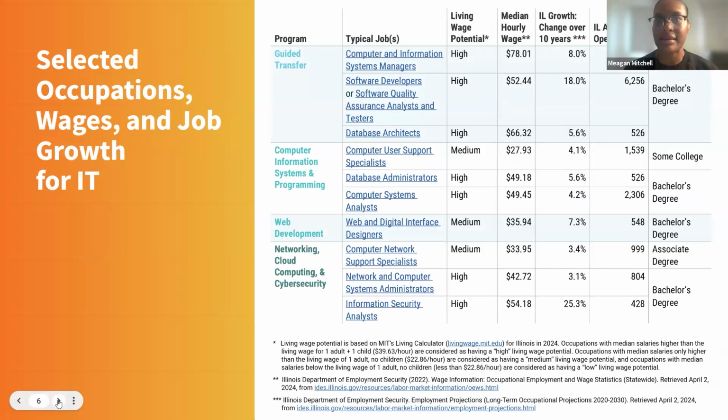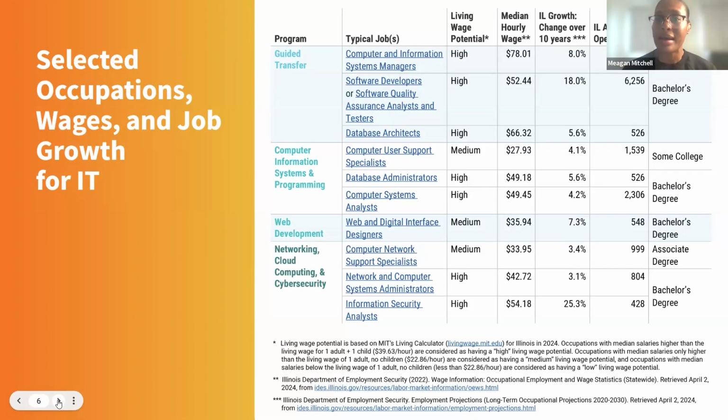In this table, you'll see that we've uplifted typical jobs. We're looking at living wage potential, the hourly wage there, growth over 10 years, the annual job openings, and of course, the typical educational requirements. These pieces are very important.